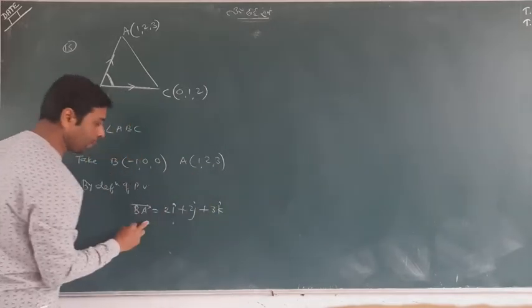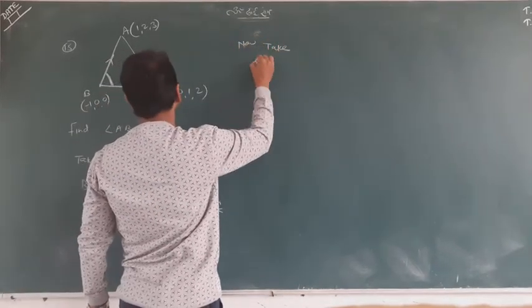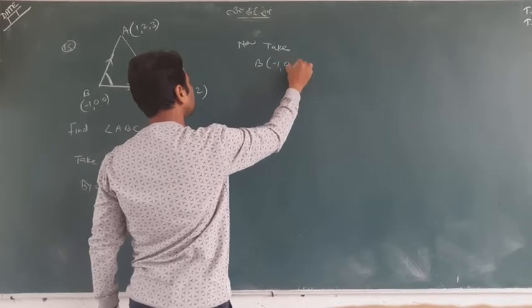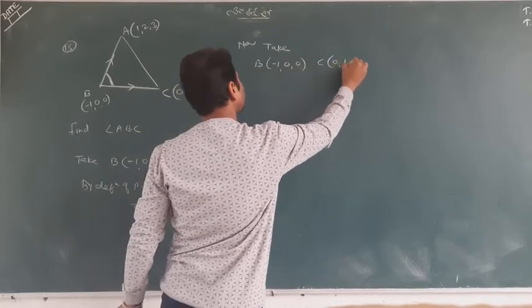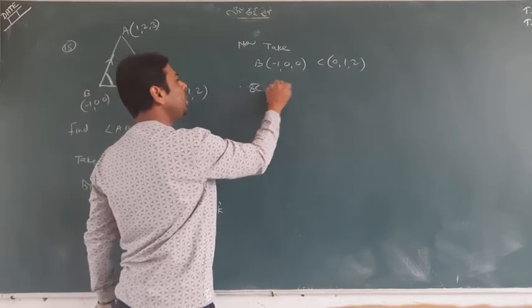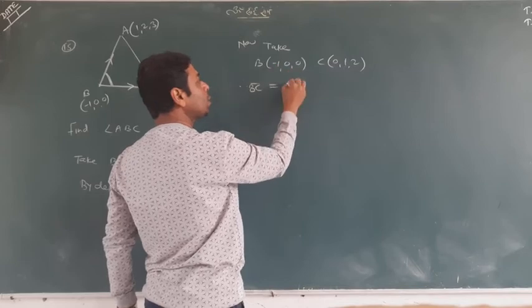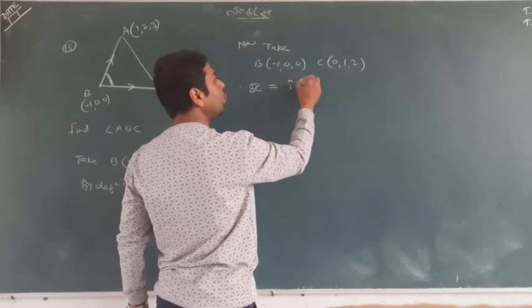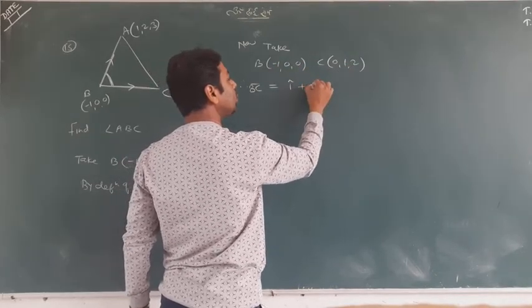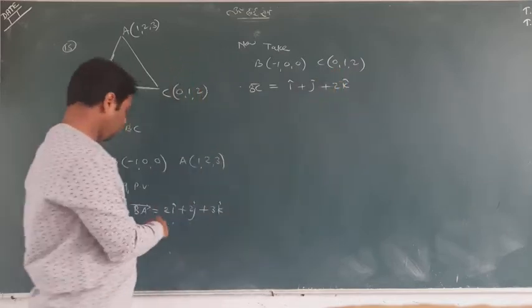This is my first vector BA. Now the second vector I am taking is BC. BC will be position vector of C minus position vector of B. 0 minus minus 1 is plus 1i, 1 minus 0 is 1j, 2 minus 0 is 2k. You have got BA and BC.